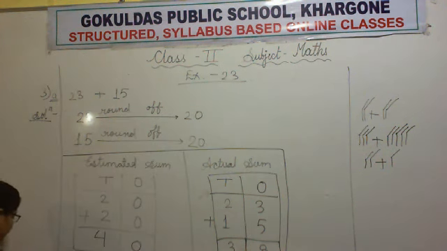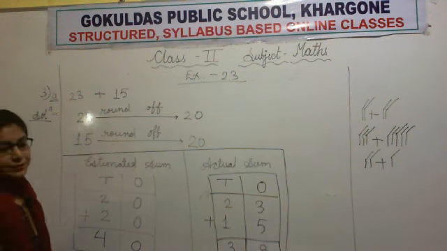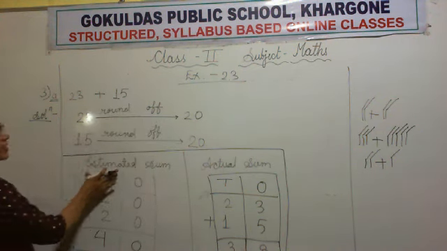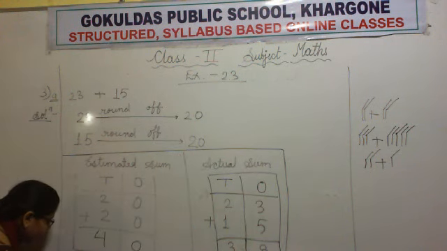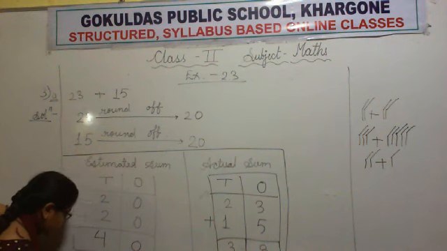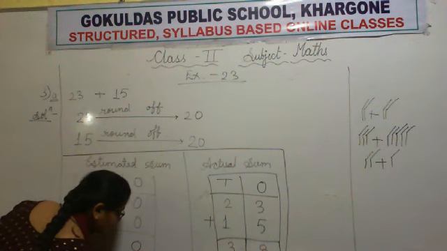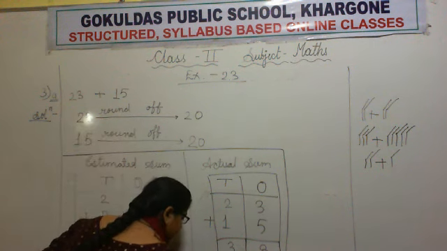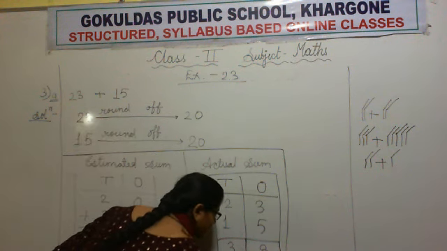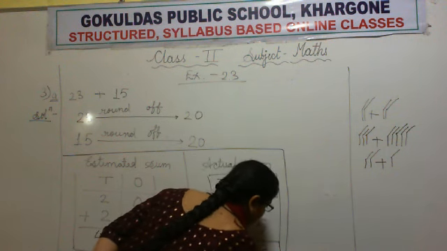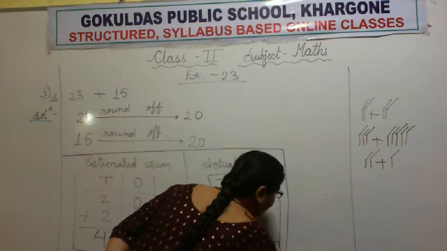What is our answer? The question is asking us to find the estimated sum and actual sum. So we will write in the answer: estimated sum is 40, but actual sum is 38.